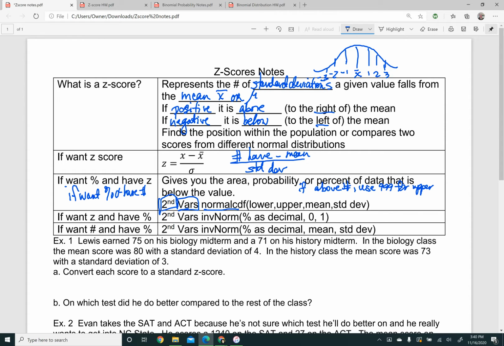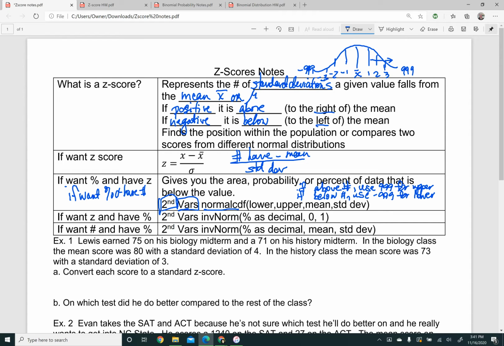Okay, so like if it said, I want the percentage from above this amount, so from here up, then we would say from here to 999. And if it said below the number, then we would say down here. So up here is 999, and down here we would say -999. So we would use -999 for our lower number. Okay.